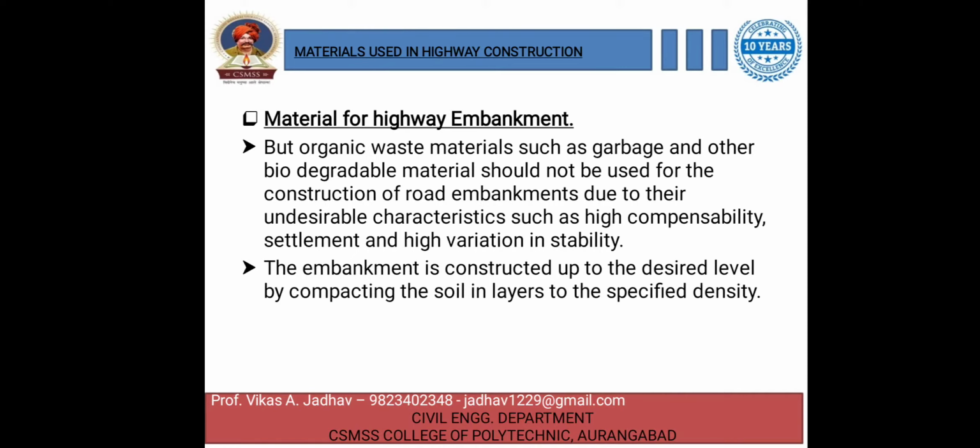If the level is not reached, then again we put the soil and again we do the compaction. The process is repeated till the particular level is reached, and the compaction is done until the specified density. When the level is reached, at that time the compaction is also stopped and we get the level.